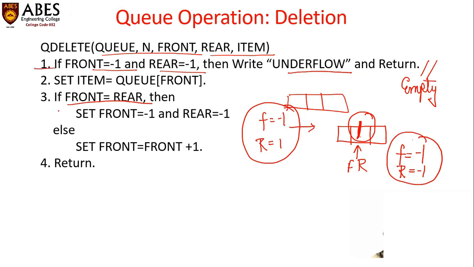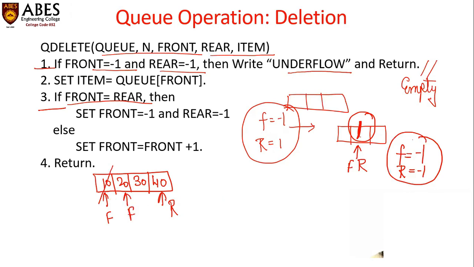If these two cases are not there, it means there are few more elements which can be deleted from the queue. Let us assume front is here and rear is here. In this case, if we want to delete 10, then we have to set front is equals to front plus 1.